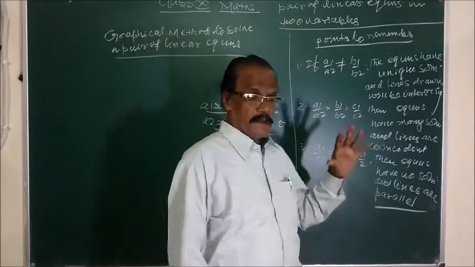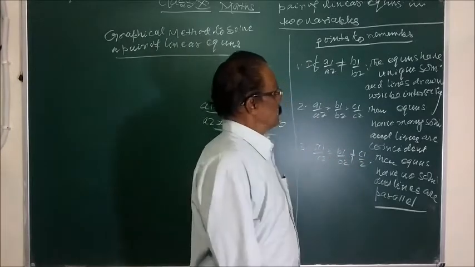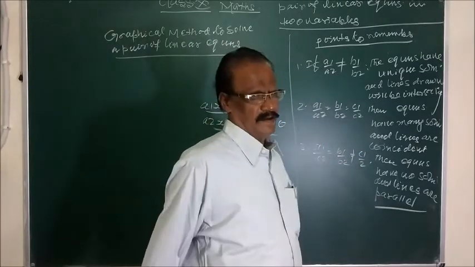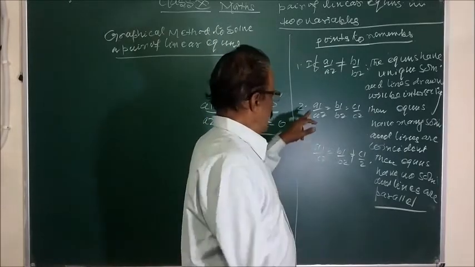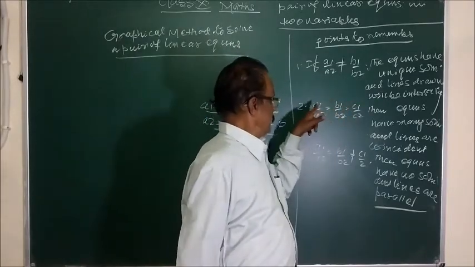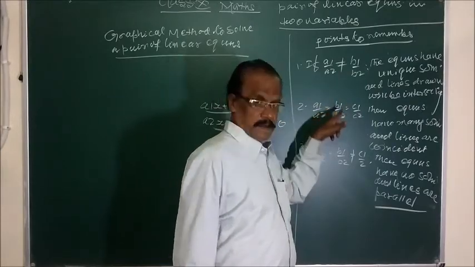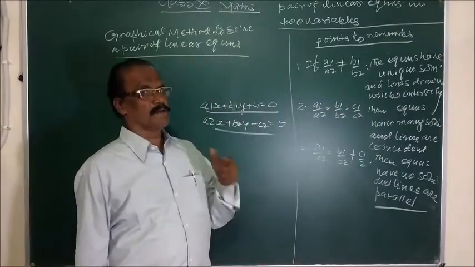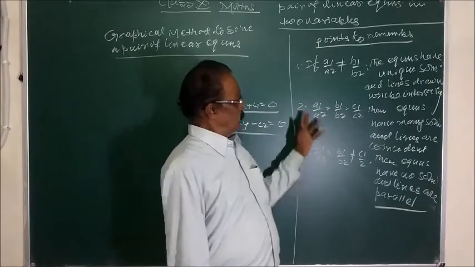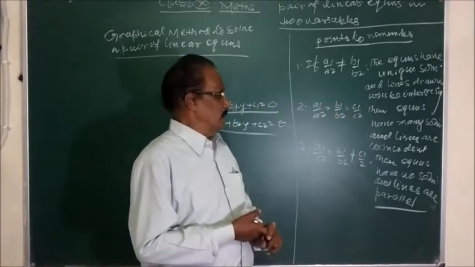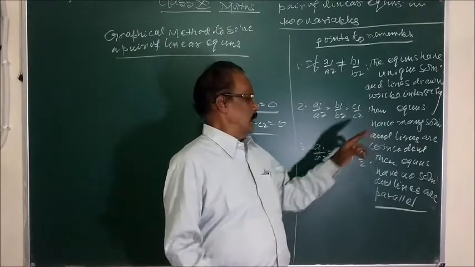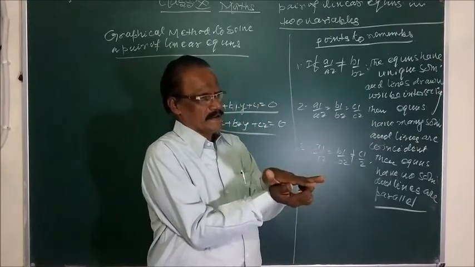And the algebraic interpretation is that there will be a unique solution, that is, you can find the solution. And if this condition, A1 by A2 is equal to B1 by B2 is equal to C1 by C2, is found, the graphical representation is that the lines will be coincident.